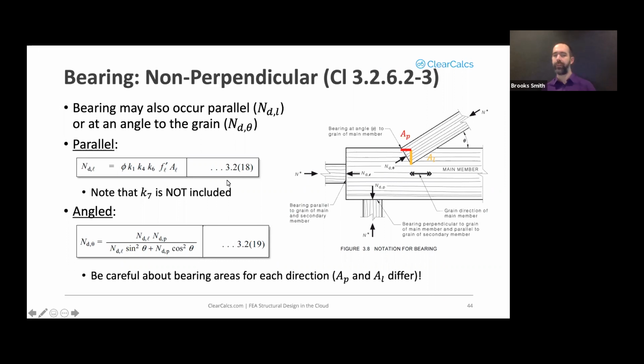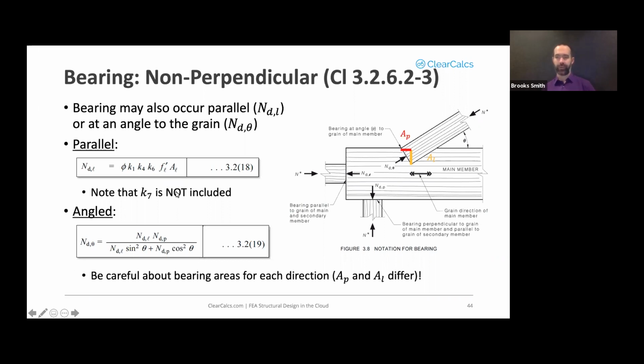Phi times K1 times K4 times K6 times characteristic strength for bearing parallel to the grain. That is a different value than perpendicular to the grain, times A sub L. And that's, again, your gross bearing area. Just note here that K7 is not included in this. So you can never take advantage of any increase in bearing capacity for being parallel to the grain.